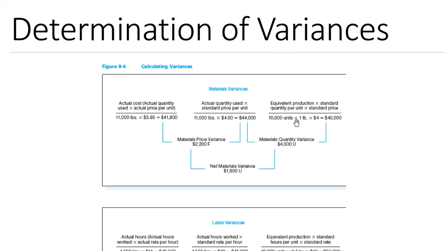We should have used 1 pound per unit, which would be 10,000 pounds. We actually used 11,000 pounds. So that's an unfavorable quantity variance. And then overall, the net of these two. You think about the favorable like a positive number. You think about the unfavorable like a negative number. So overall, we are negative 1,800, 1,800 unfavorable, right?